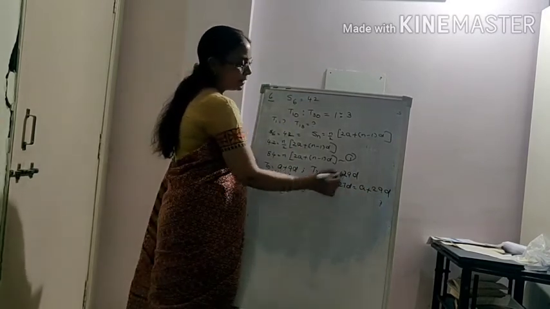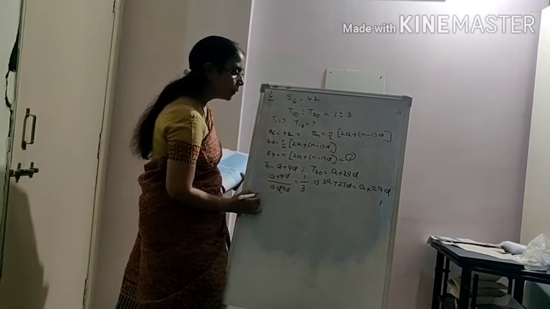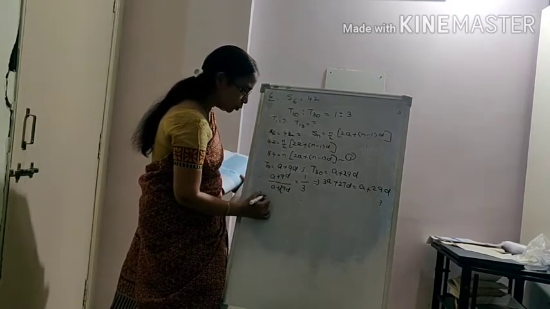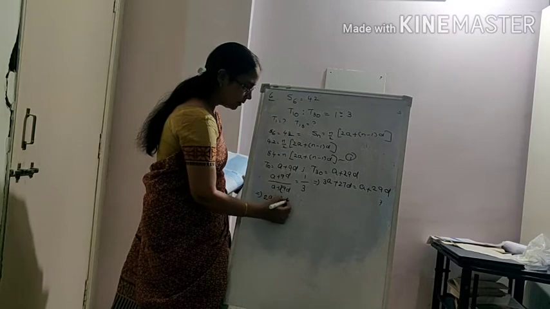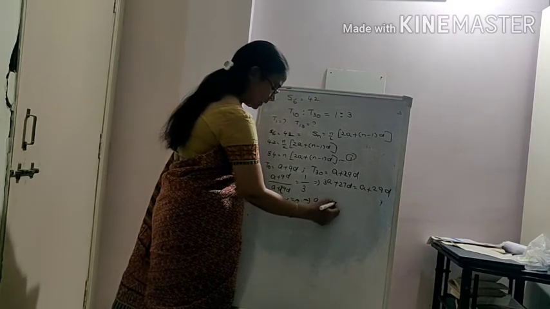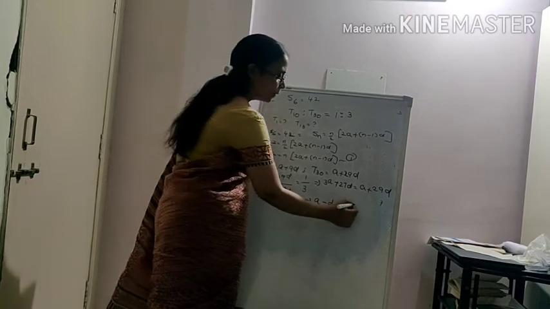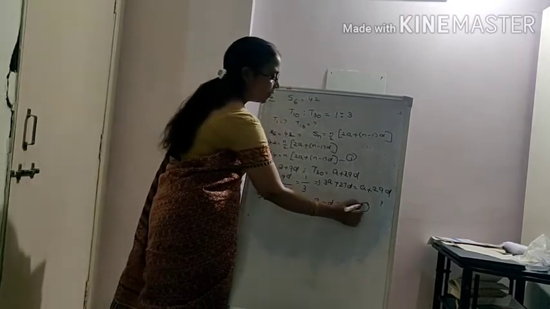The 30th term is a plus 29d. Now 3a minus a, 2a, 27d minus 29d, minus 2d is equal to 0, or you can write a minus d is equal to 0. This is equation 2, as equation 1 we have already named.